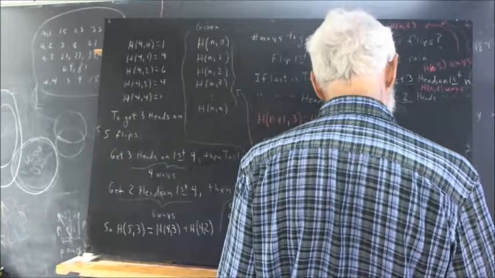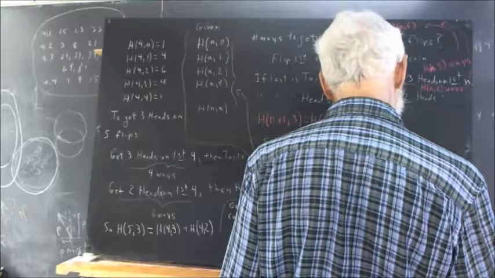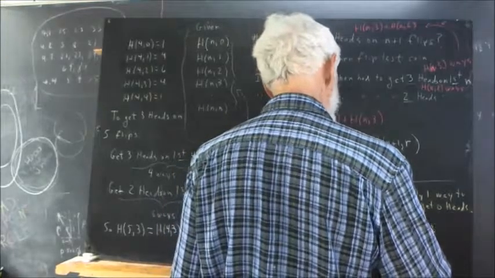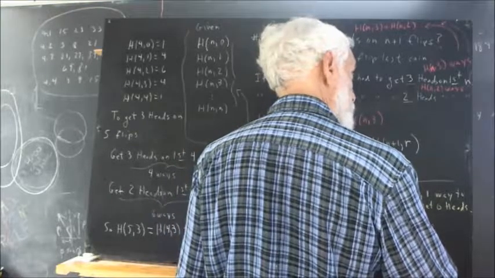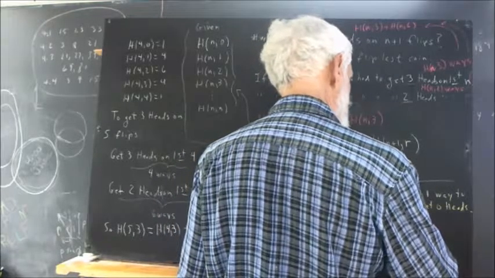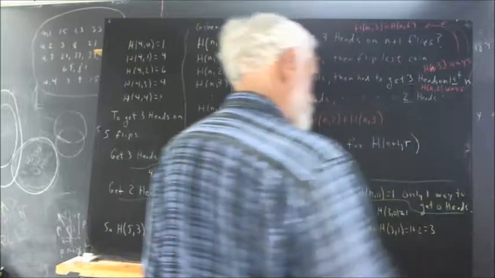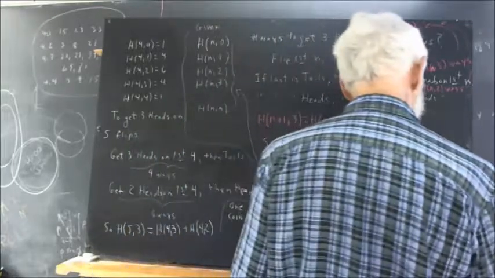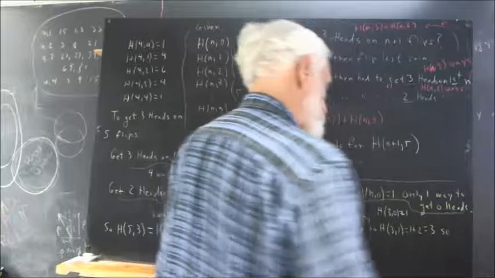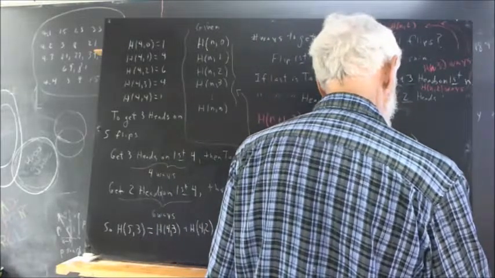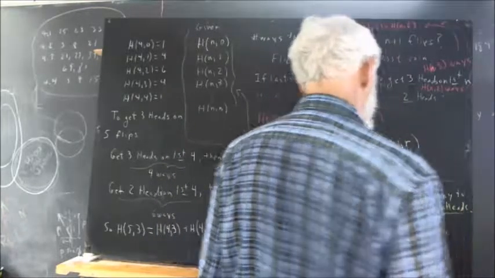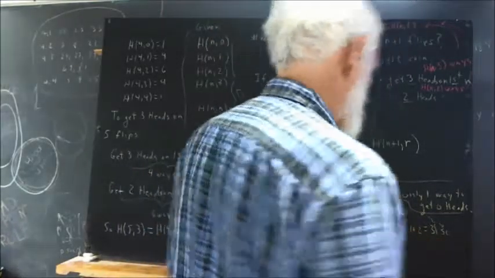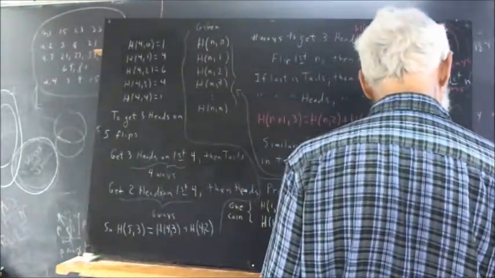So that's going to be 1 plus 2 equals 3. Now we know that h of 3,0 is 1. So if I had a little more room at the end of the board here, I could put these 2 things together, and I could get h of 4,1, and so on. And I could keep going in this manner.